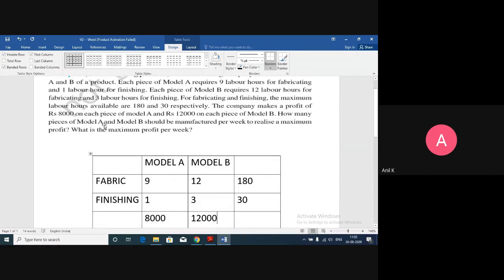How many pieces of model A and how many pieces of model B should be manufactured?